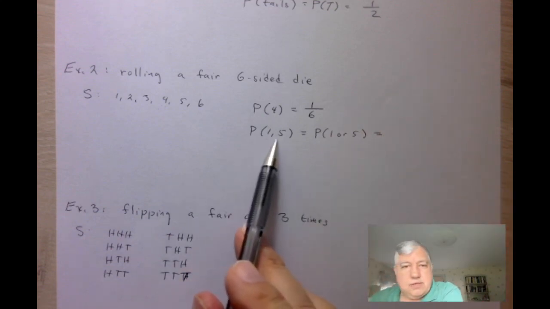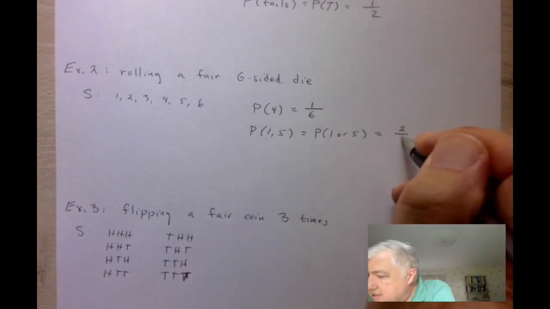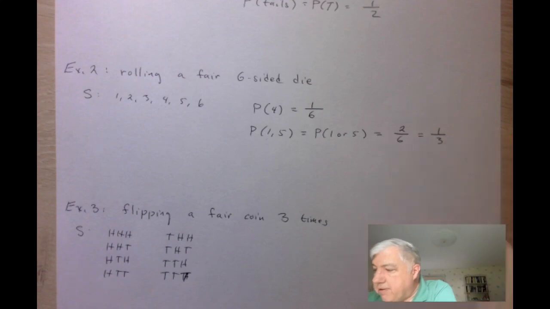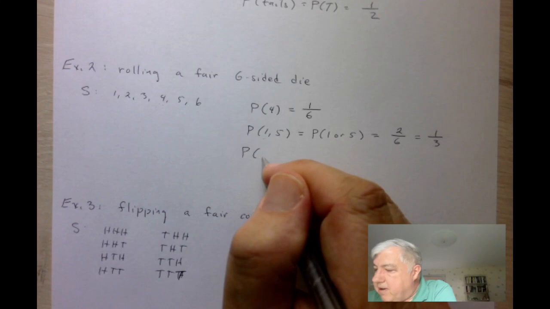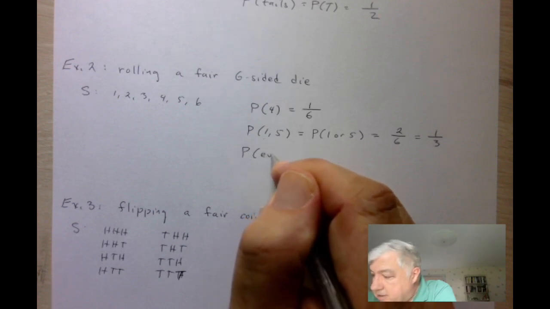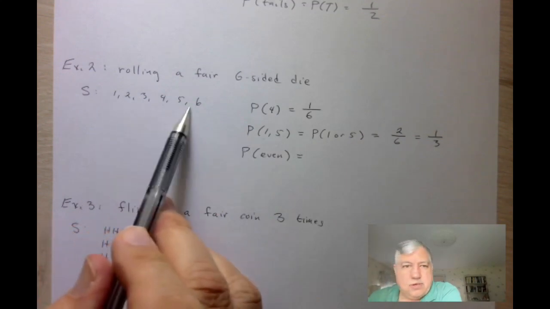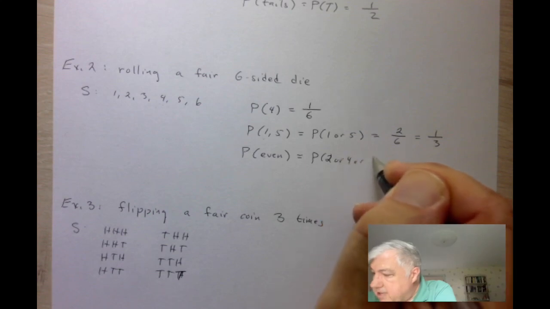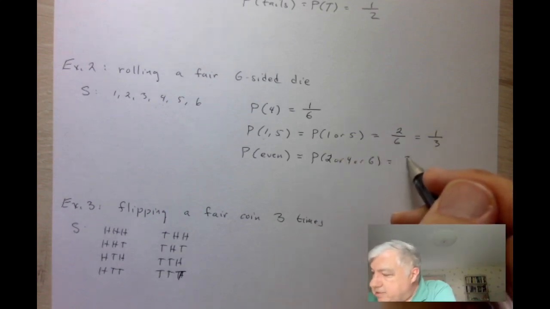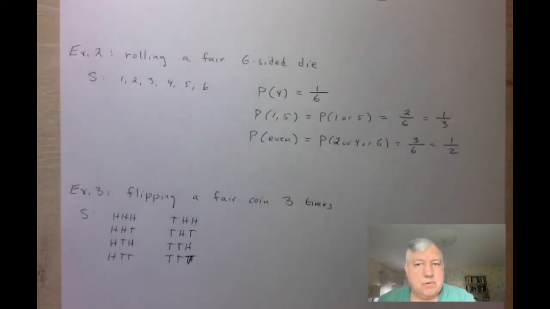This event consists of 2 outcomes. 2 divided by 6 is 2/6, which reduces to 1/3. If we wanted to talk about the probability of rolling an even number, well, the even numbers are 2, 4, and 6. This would be 2 or 4 or 6. There are 3 outcomes, so this would be 3 out of 6 or 1/2.